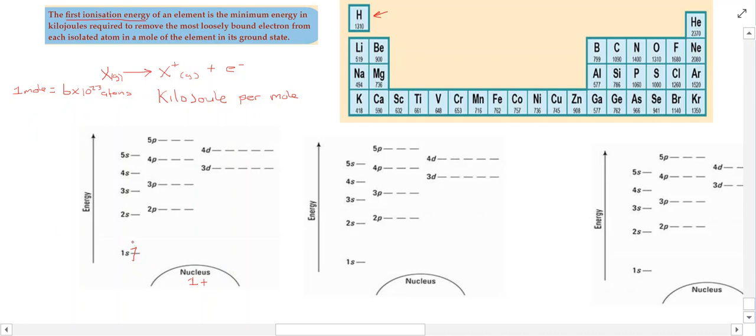Now if you had 6 multiplied by 10 to the power 23 atoms of hydrogen, and you applied this amount of energy to that sample, you will take off this outer electron for all of those 6 multiplied by 10 to the power 23 atoms of hydrogen. So that's the way that it works.